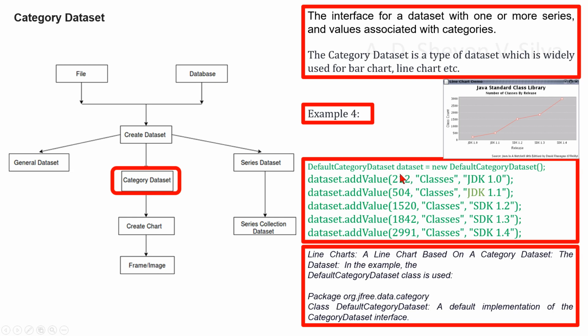A line chart based on the CategoryDataset simply connects each category and value data item using straight lines.